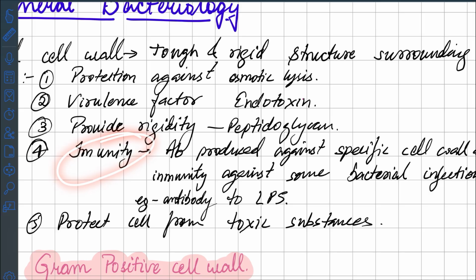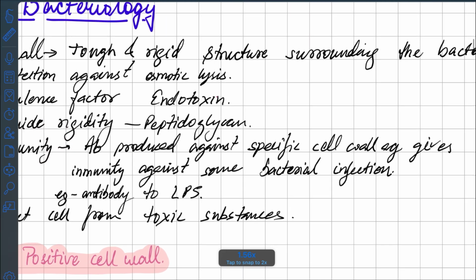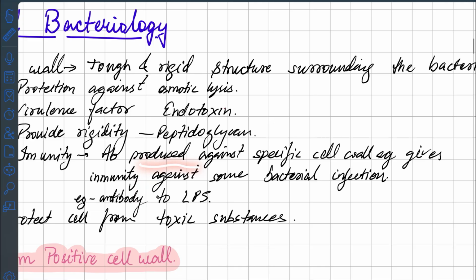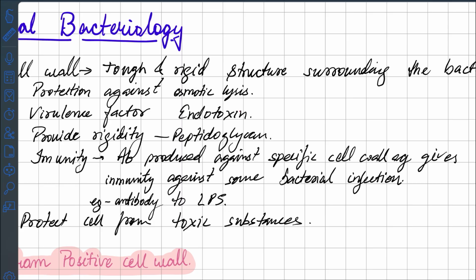They also provide immunity. How? The antibody which is produced against a specific cell wall antigen gives immunity against some bacterial infections. This immunity is not actually for the bacteria, but for the host. If the bacteria invade a host, then the immune system is activated against this bacteria or foreign substance in our body.